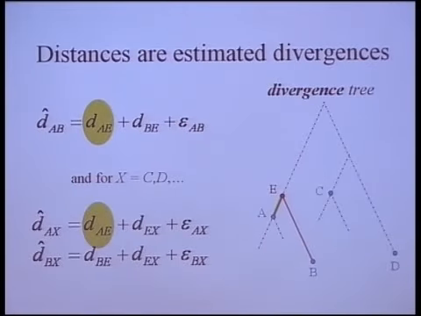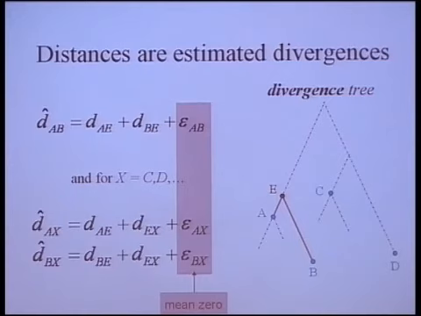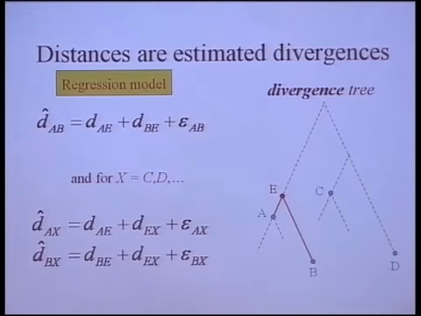Oh, it does work. So those are divergences. These are the parameters of the regression model. Here our errors we'll assume to have a zero mean, so that our distances are unbiased estimates of the divergences. And we can build a regression model, and these are the model parameters.